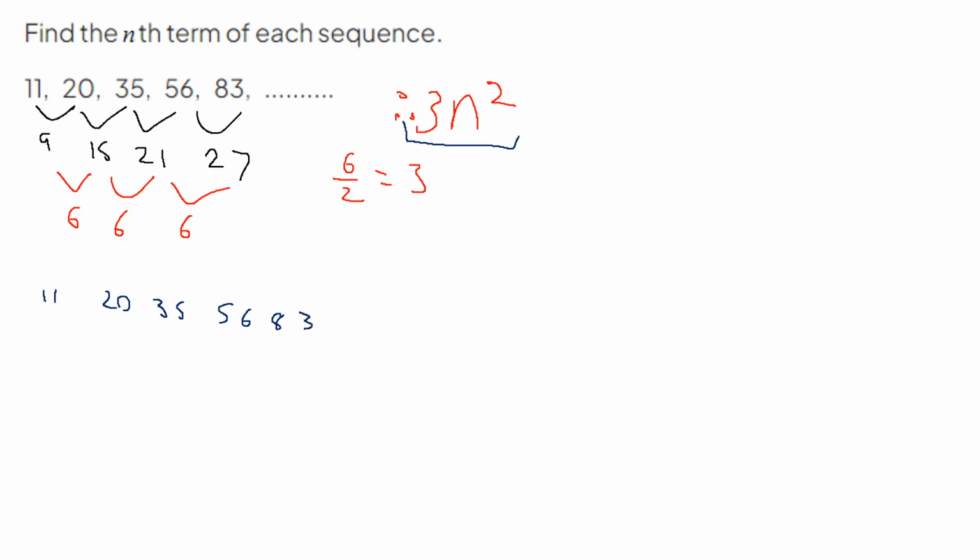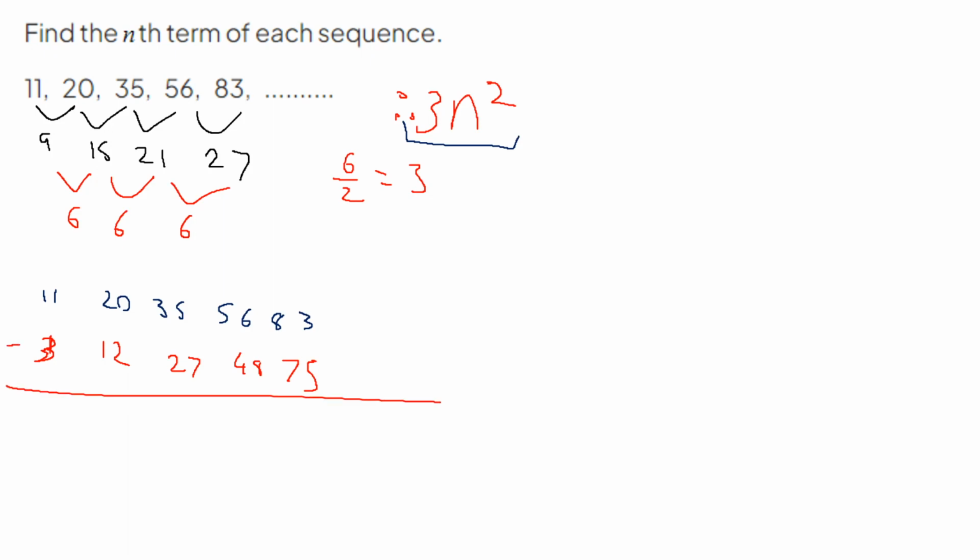And we're subtracting from it 3 times 1 squared, which is 3. 2 squared is 4. Times 3 is equal to 12. 3 squared is 9. 9 times 3 is 27. 16 times 3 is equal to 48. And 25 times 3 is equal to 75.